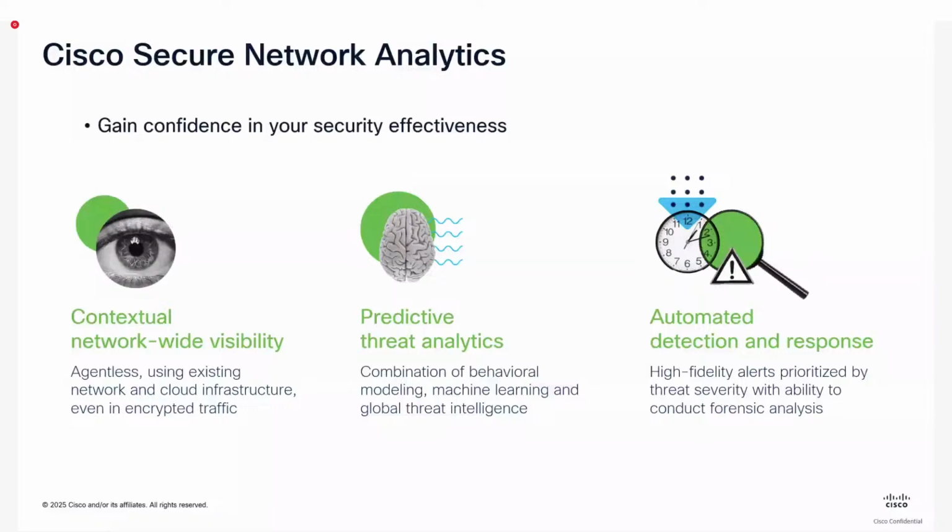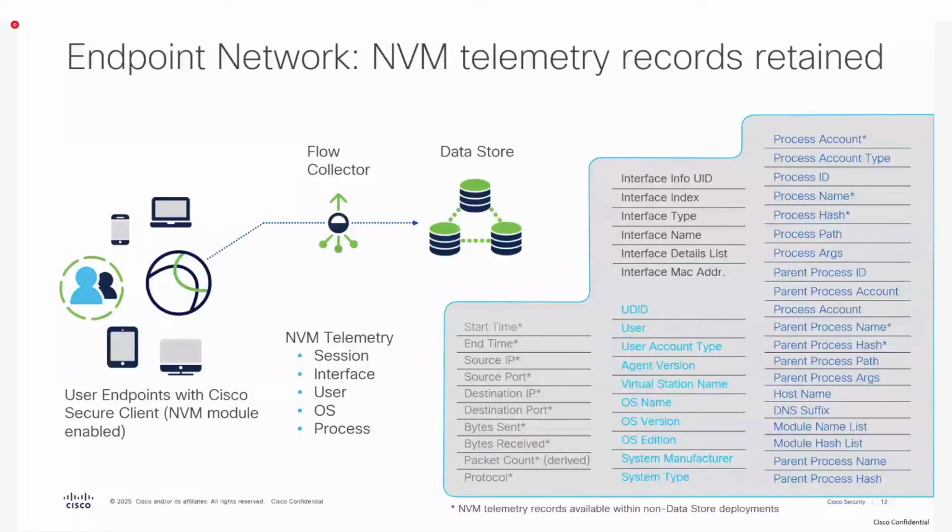And what we're doing with Network Visibility Module is we are tying in the activity that we would normally see from, say, a NetFlow record. So looking at source IP, destination IP, source port, destination port, byte counts, packet counts, protocols, things like that. And we're tying it together with endpoint style details.